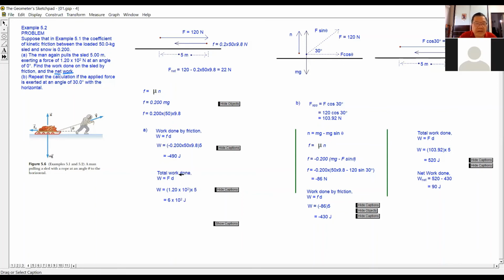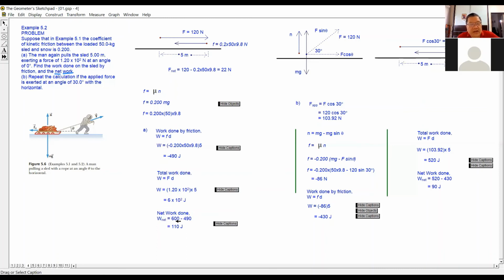So over here, I write down how much is the total work done. The total work done is this force, 120, multiplied with the distance moved. So the total work done is 600 joules. This is the work done against friction, 490. This is the total work done. So there is a difference in the work done, and this difference is actually the net work done.